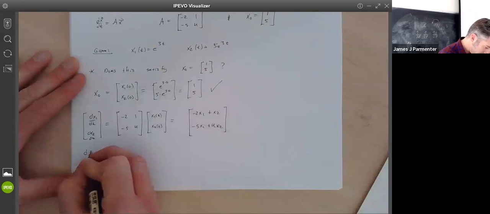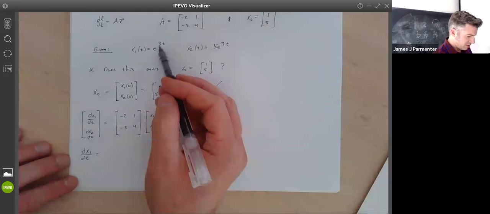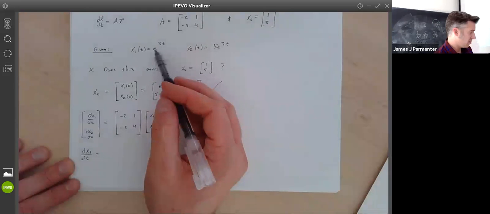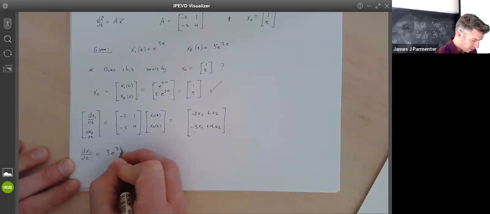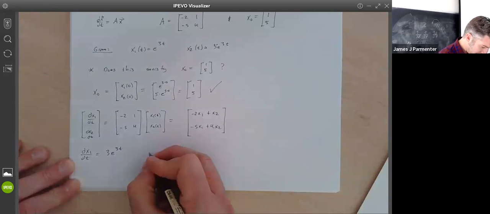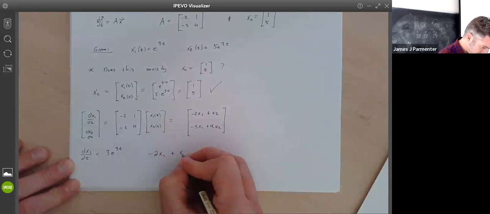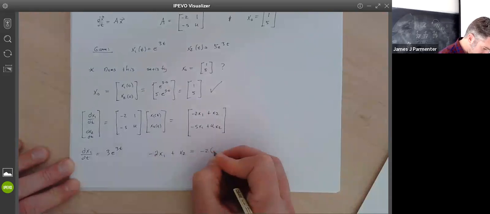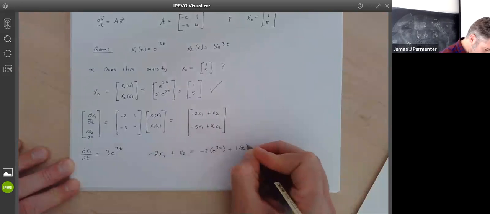So dx1 dt is equal to, well, that's not terrible at all. The derivative of this is just e to the 3t times 3. Whereas negative 2x1 plus x2 is equal to negative 2 times e to the 3t plus 1 times 5 e to the 3t.